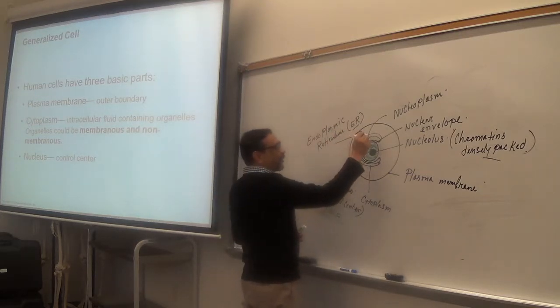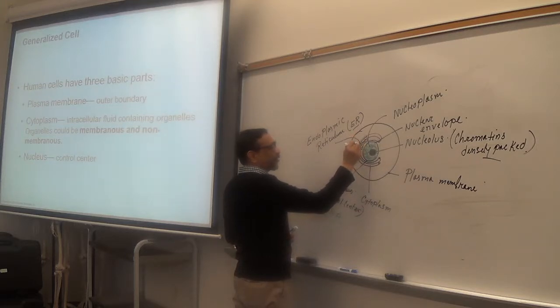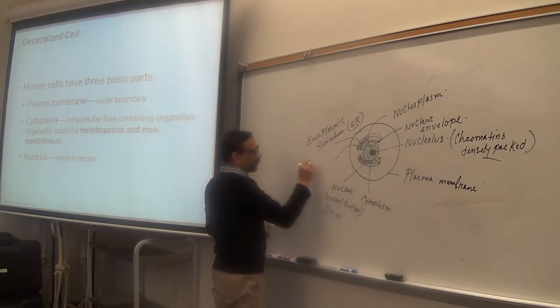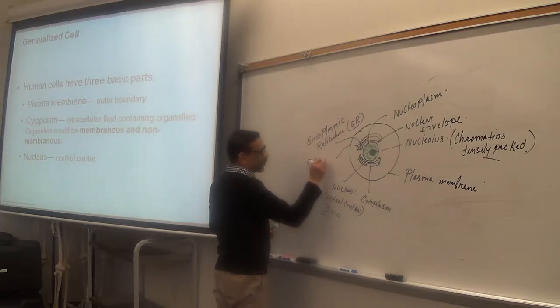Some part of ER is covered by tiny dot-like structures like this, and these dots are called ribosomes.